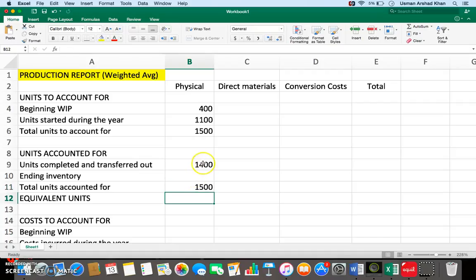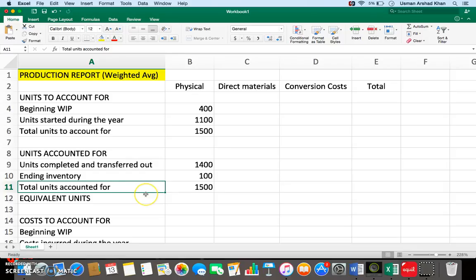Then I work backwards. What should I add here for it to be 1500? Just 100, right? So there's your answer. It's pretty straightforward. If the question tries to throw you off in that sense, always remember that you have to work back and forth with the numbers, since you know that these two figures have to be the same.